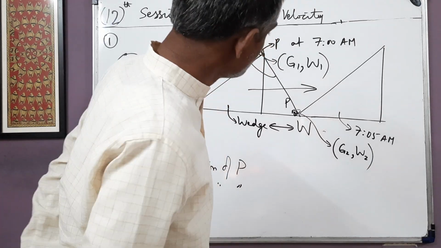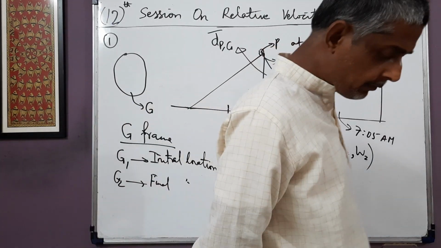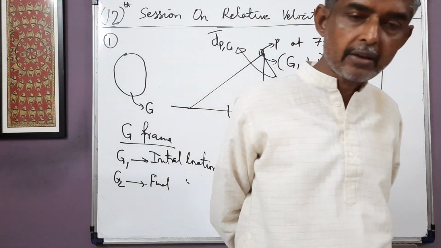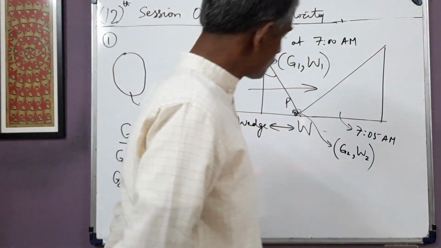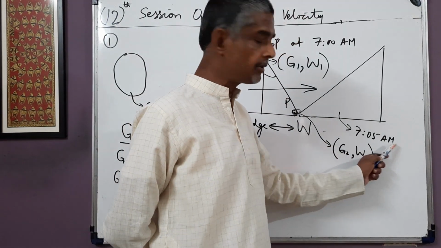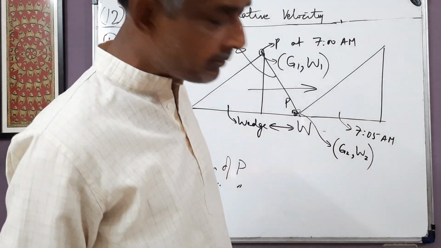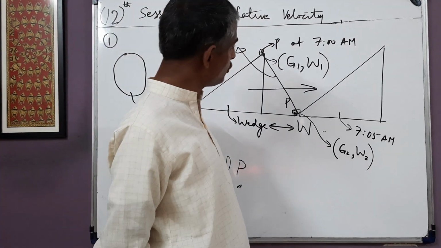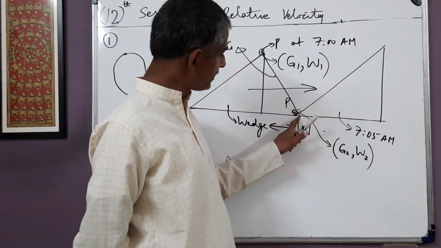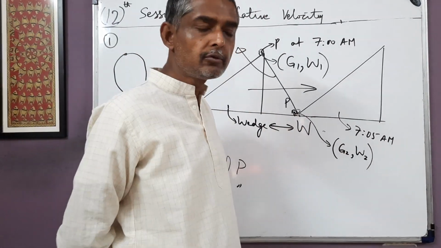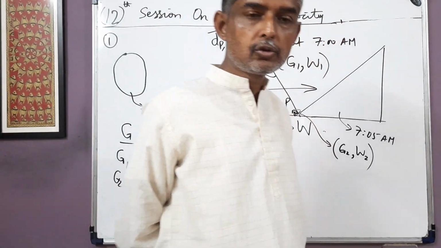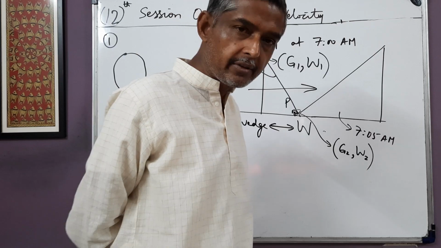So as mentioned previously, the displacement will actually be calculated at 7:05 am. So at 7:05 am we have to see where W2 and W1 are situated. At 7:05 am W2 is at this location. Now we have to see where W1 is located at 7:05 am.